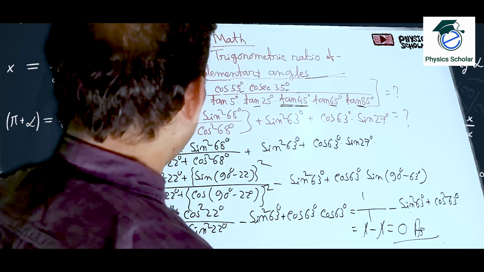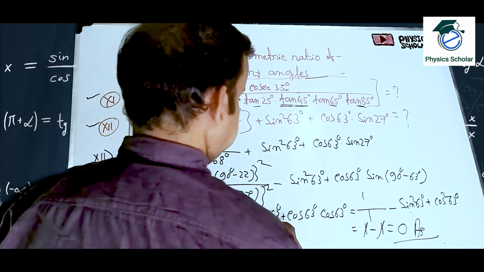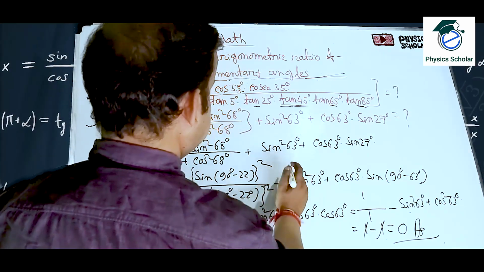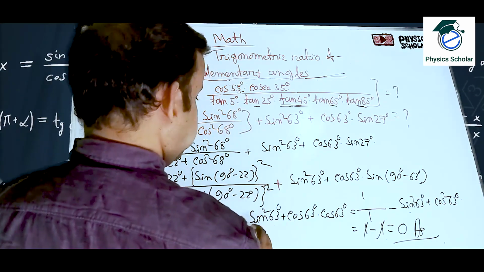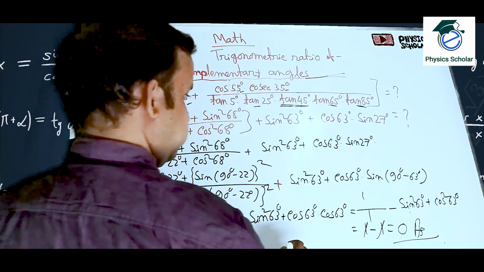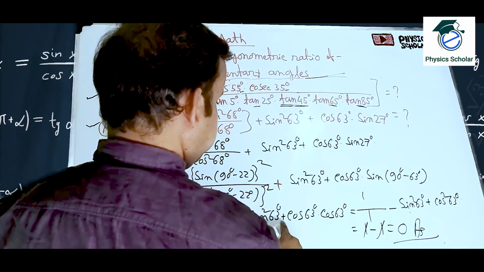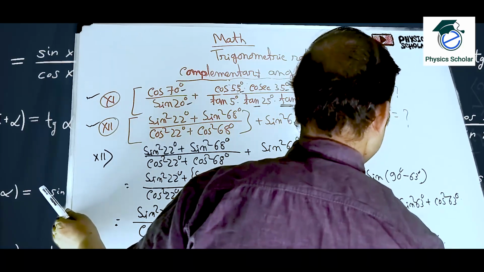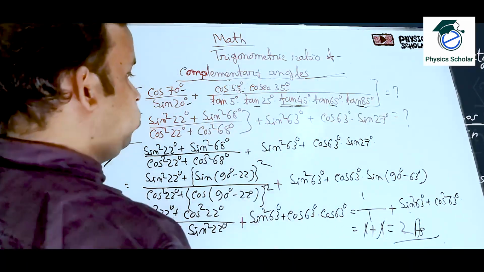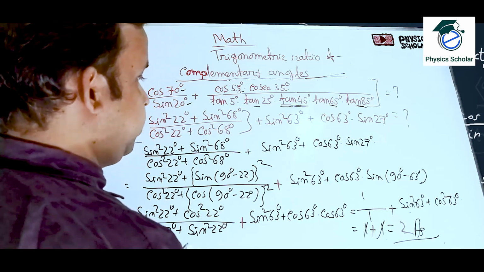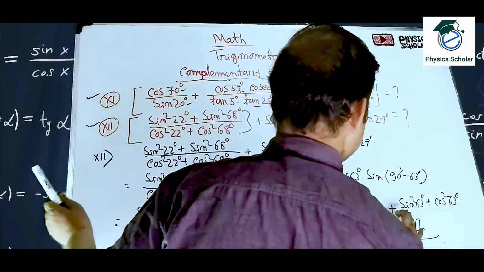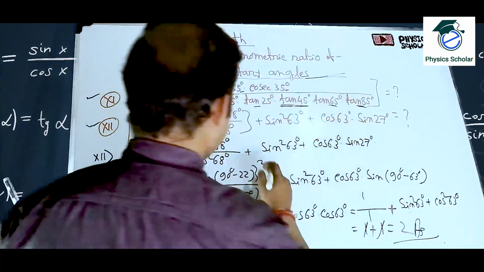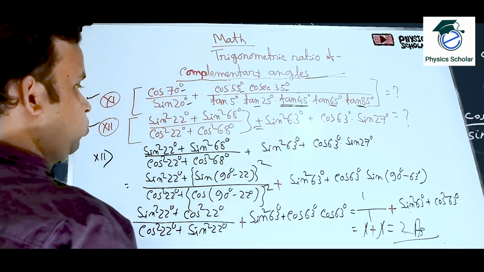Now it was plus sign, so no problem. So sin square theta plus cos square theta, that means it will be 2 only, clear. If it is minus then it will be 0, if plus is given, that's why it will be 2, clear.